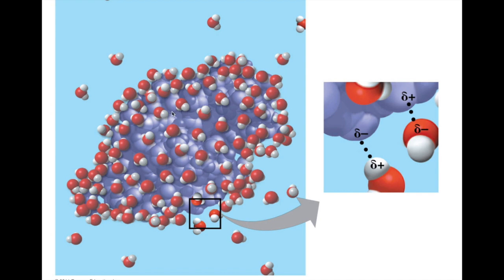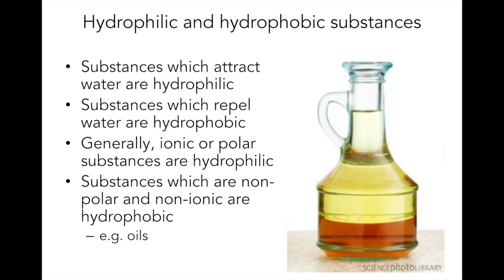So even though it's big and complex and it's got partial positive and negative charges all over it, water is still going to form a hydration shell and prevent this giant purple molecule from interacting with any other giant purple molecules in solution. So this type of thing only happens with polar and ionic compounds, which is a lot of compounds.